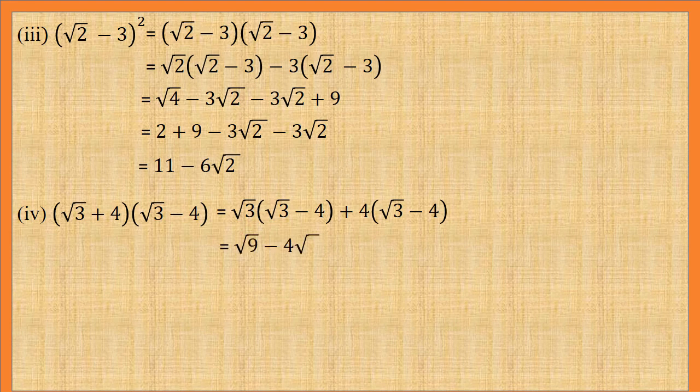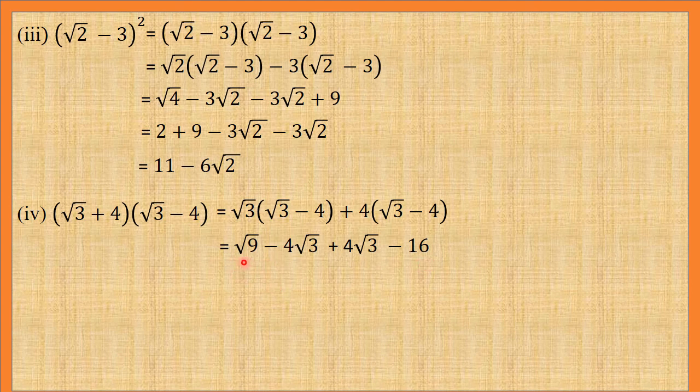Then we can expand this as square root of 3 by square root of 3 gives us square root of 9. Square root of 3 by negative 4 gives us minus 4 root 3, plus 4 by root 3 gives us 4 root of 3. 4 by negative 4 gives us negative 16 or minus 16.